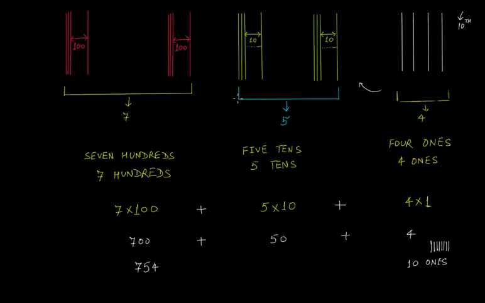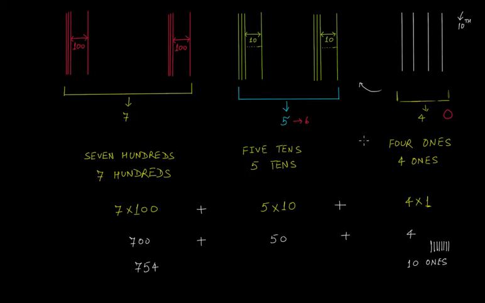This count will become 6, and this place will become 0. Why? Because now you have a bundle of 10 line segments that will be at this place. This was only for the ones, but since you now have 10 line segments and it makes a bundle, it will move here.